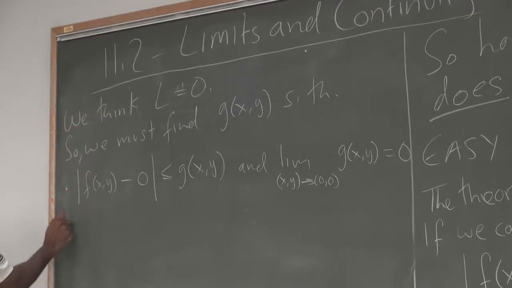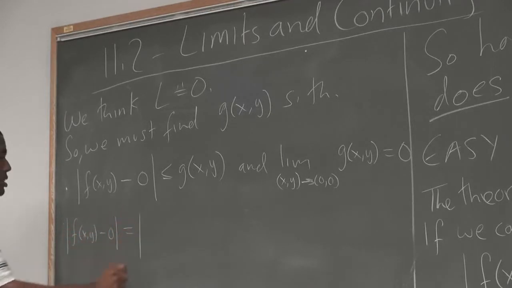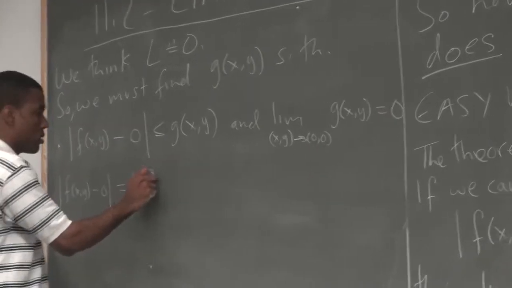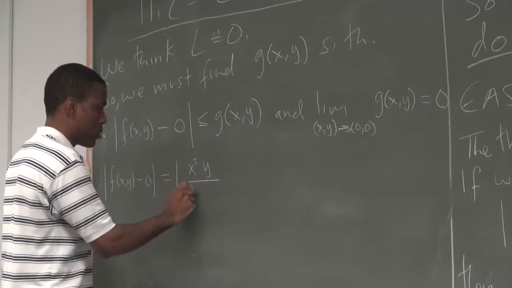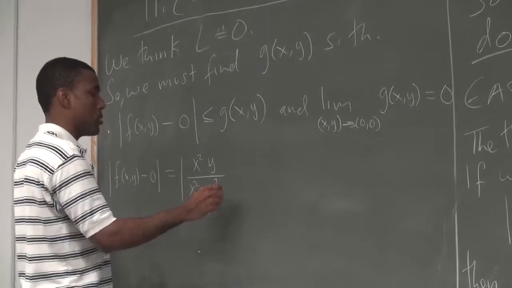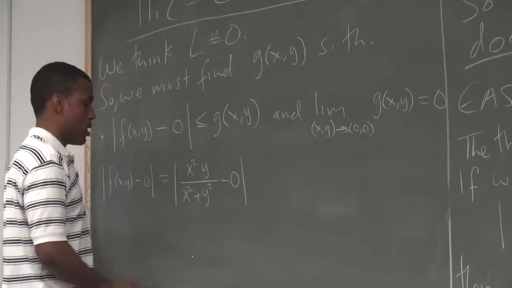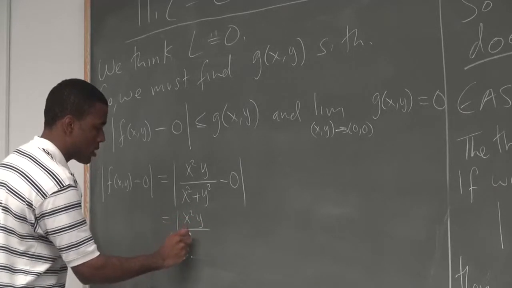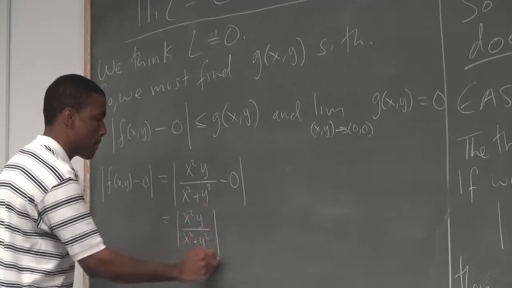So here, f of (x, y) minus 0 is actually equal to what? Well, f of (x, y) is x squared y over x squared plus y squared, minus 0. It's actually just equal to x squared y over x squared plus y squared.